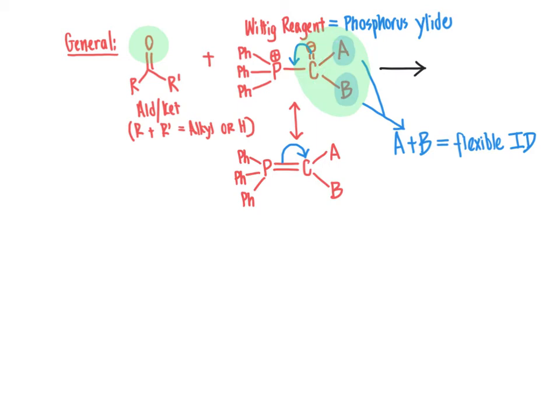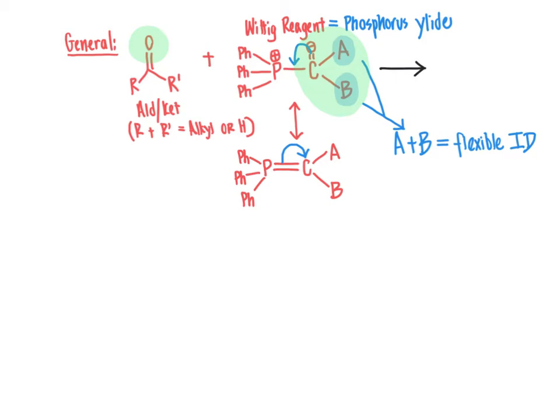So we're going to essentially swap out the carbonyl group with the carbon here replacing that oxygen atom. So the oxygen is going to be replaced with the carbon from the phosphorus ylide and whatever A and B groups that carbon is directly bonded to.